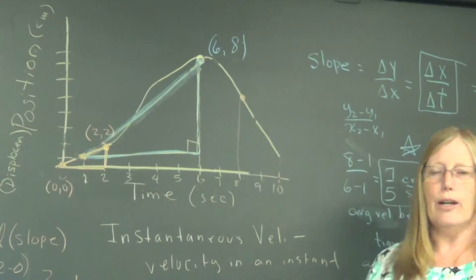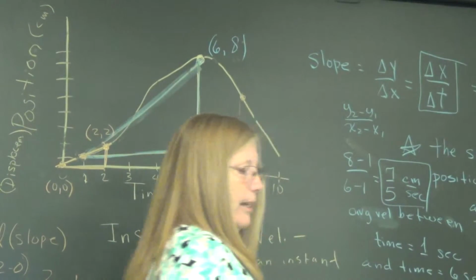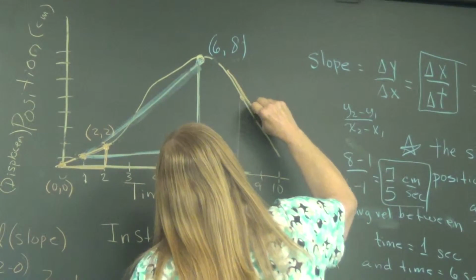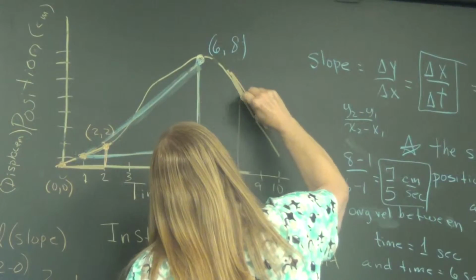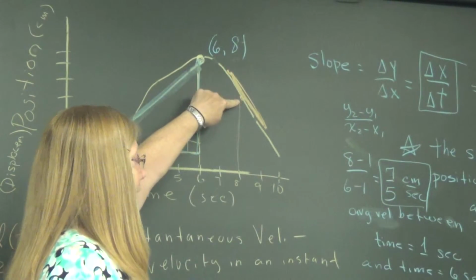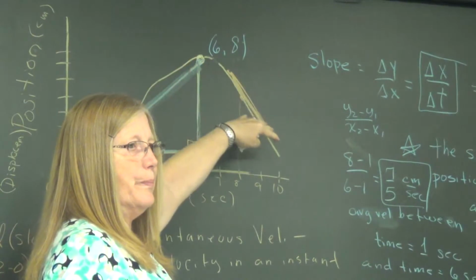Then you're going to draw a straight line at that point that touches the graph at one point, or if it's right on the graph, that's fine, but it has to be a straight line that is tangent to this graph. So does that graph look fairly straight at that point?